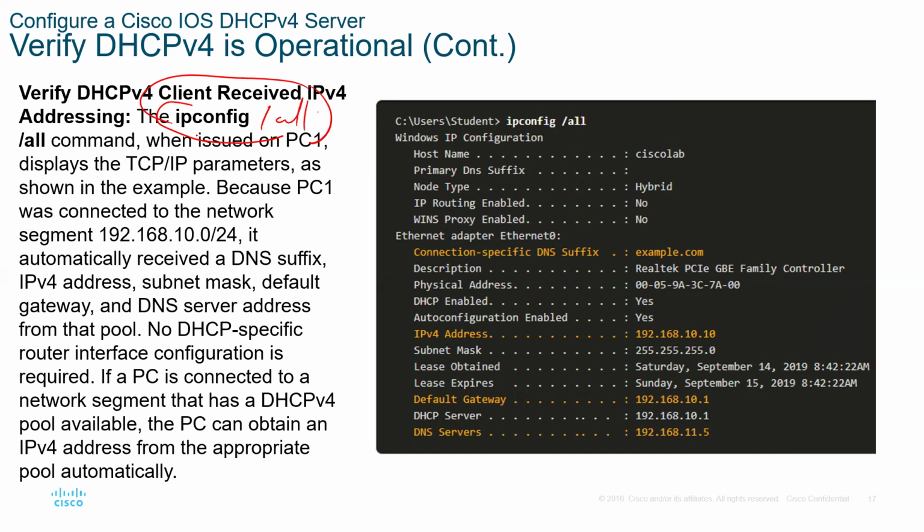So if you go to our Windows host and run ipconfig, you can see this is the domain name that has been assigned dynamically, the address that has been assigned, the default gateway, and the servers. So ipconfig is very important to verify the address assignment on a Windows host.